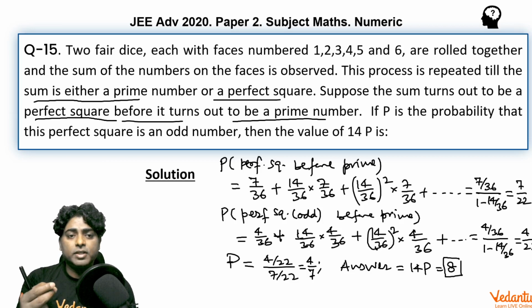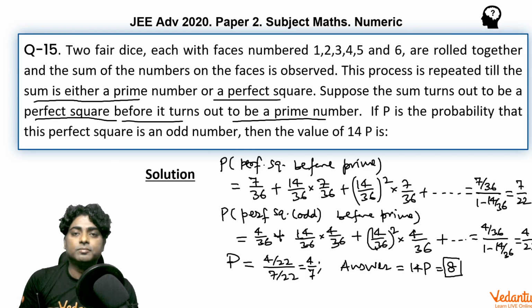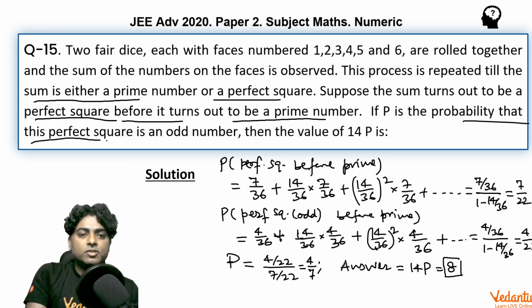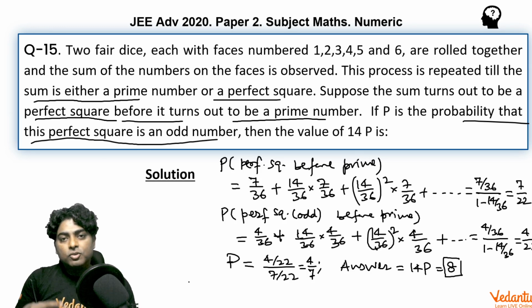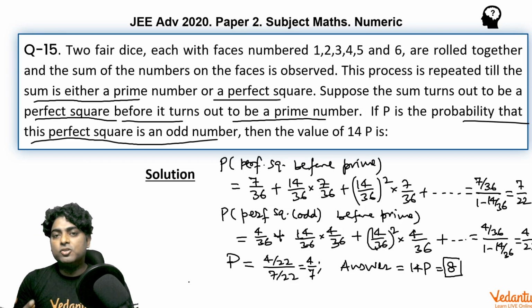So for 4 there were 3 ways in which the sum can be 4: 1 3, 3 1, 2 2, and for 9 there are 4 ways. So the probability that this perfect square is an odd number, out of those two, 9 should be favorable.